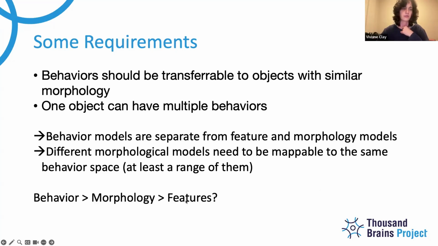And this one I'm just throwing out here, something I was thinking. I don't know if you would agree, but similar to how we said that morphology is more important than features, I would maybe make the claim that behavior is even more important than morphology. Often we define objects by their behavior.